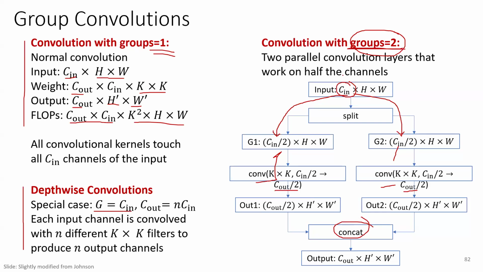That means if you have 64 channels here, you will have 64 groups. What that means is each group will do the computations only on one channel. That's why they are called depth-wise convolutions. Each input channel is involved with n different k by k filters to produce n output channels. So this is the thing.